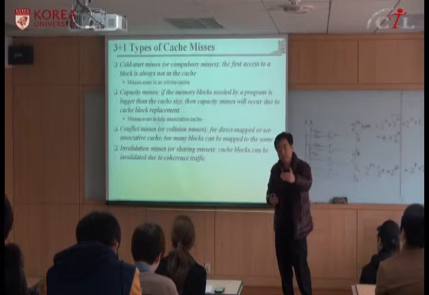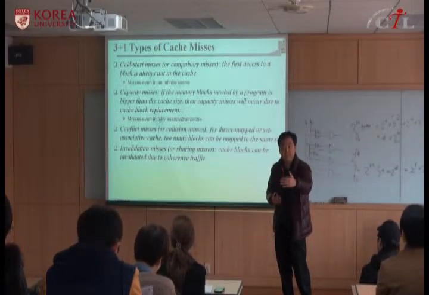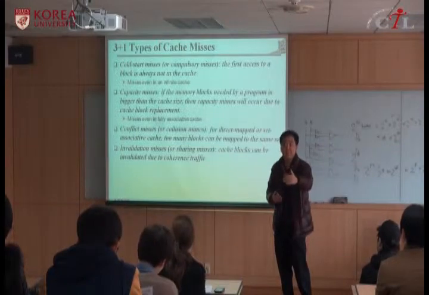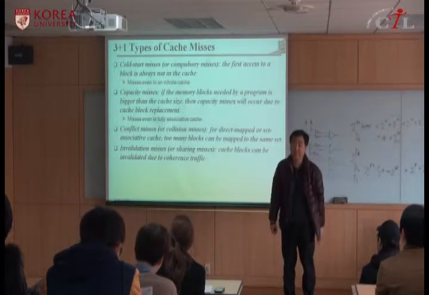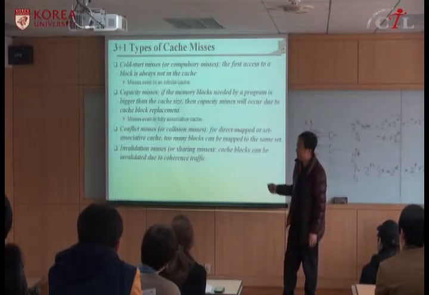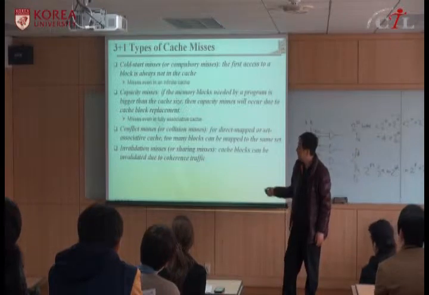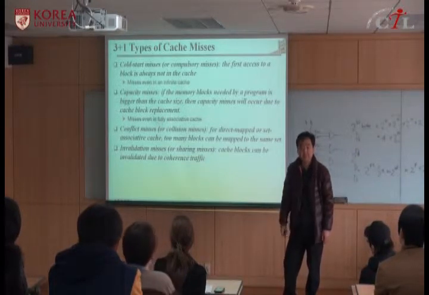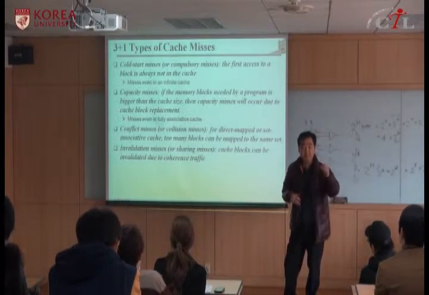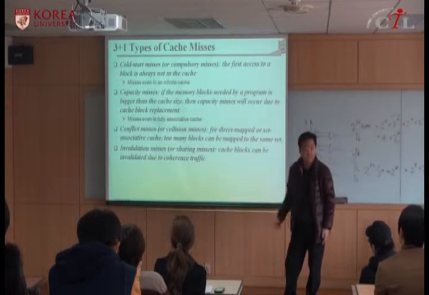If the cache block is still needed and should remain in the cache, but because of the size, it's replaced. This is called capacity miss. Okay, capacity miss because of the size. Even if you have a fully associative cache, because of size, some of the cache blocks need to be kicked out, and it causes capacity miss.